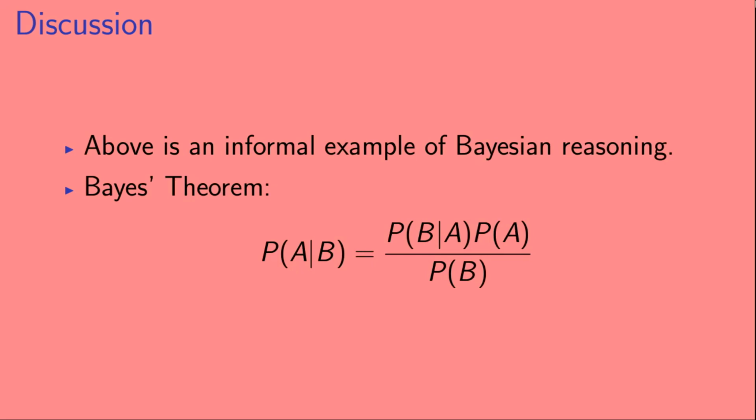So what we're doing in situations like this is actually an informal example of Bayesian reasoning. Bayesian reasoning is probabilistic reasoning based on Bayes' theorem, which is shown here.